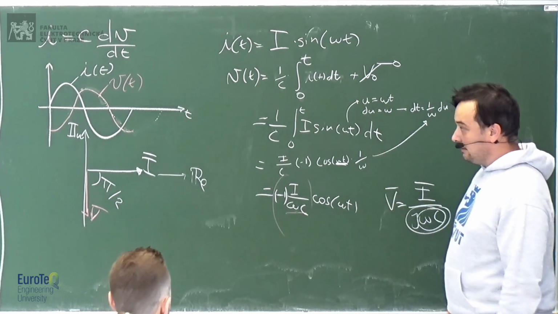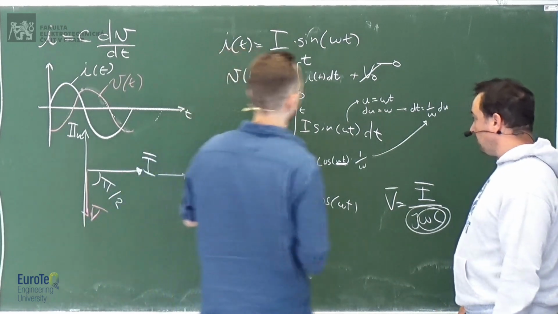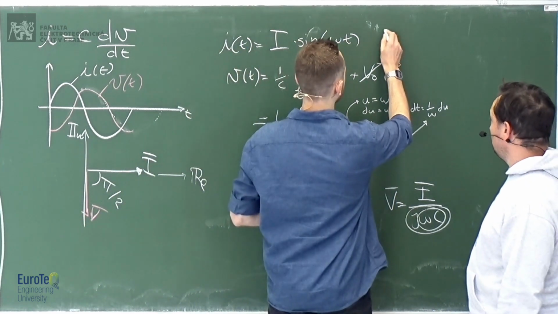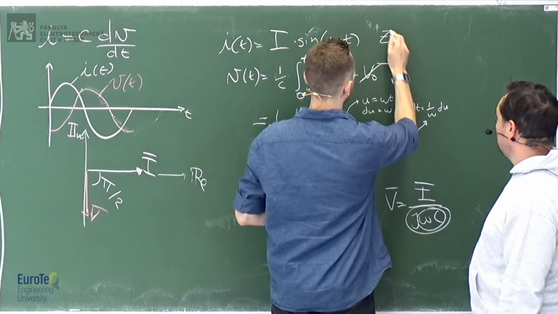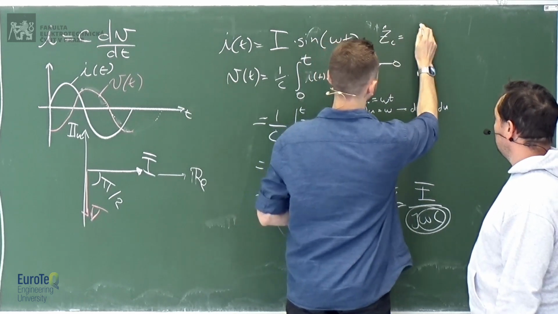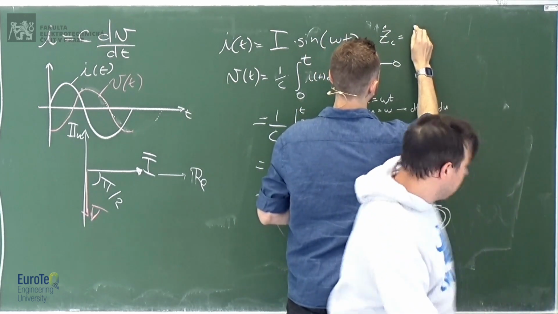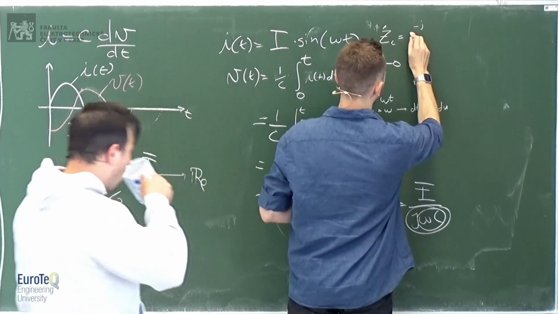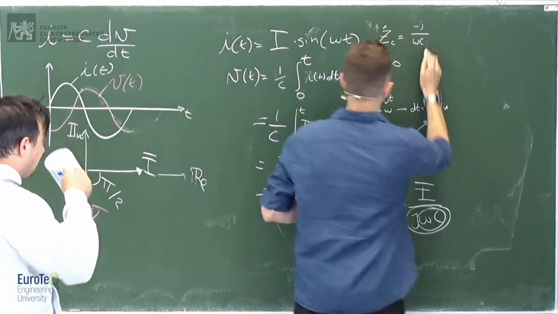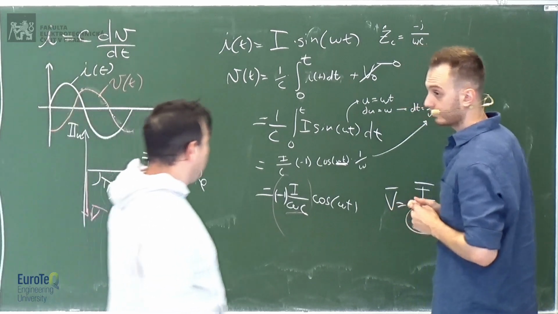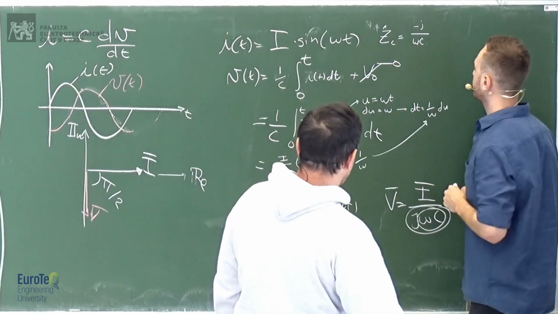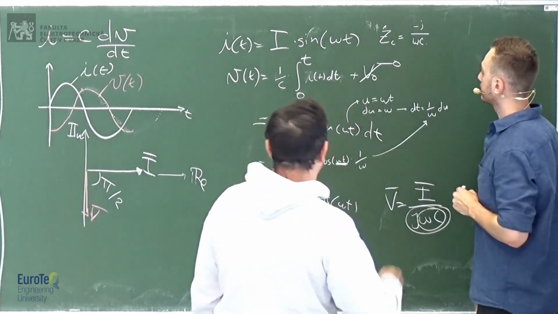Okay. So can we just do this quickly? That's correct, right? And then you know that minus j is 1 over j.